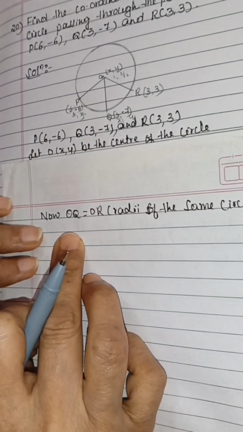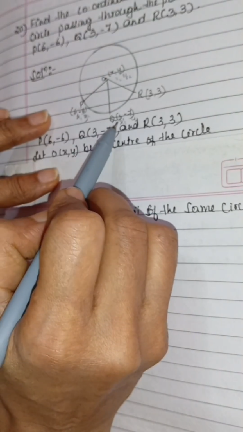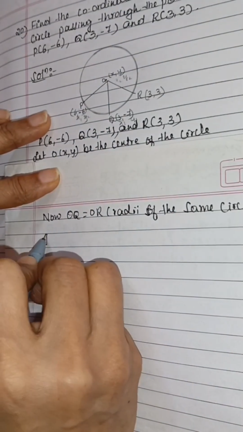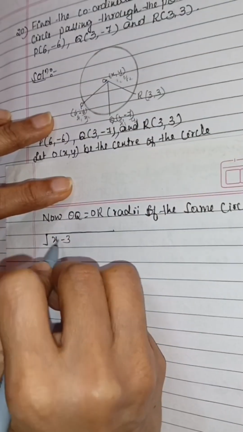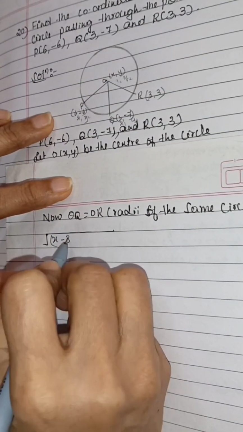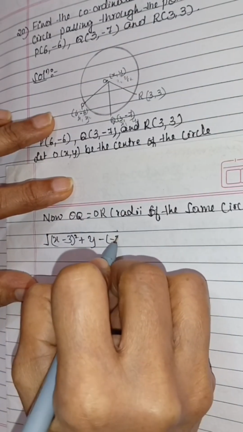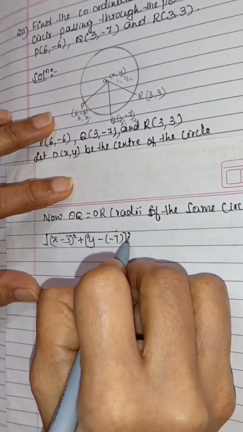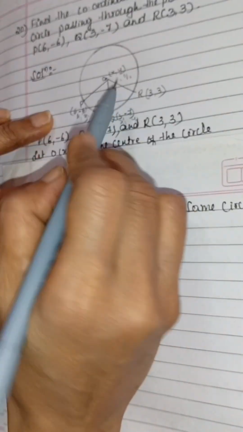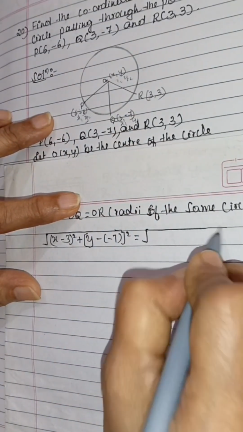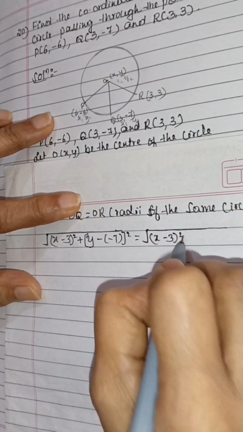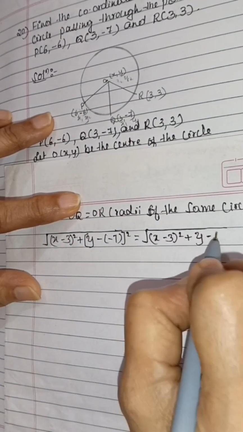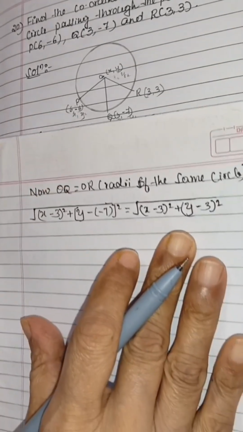Now OQ, this is x1 y1, this is x2 y2, therefore x minus 3 whole square plus y minus 7 whole square equal to, now OR, that is square root of x minus 3 whole square plus y minus 3 whole square.